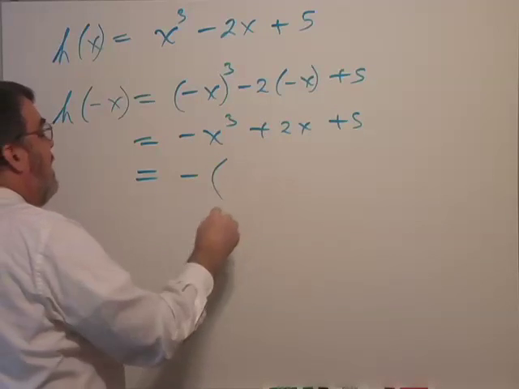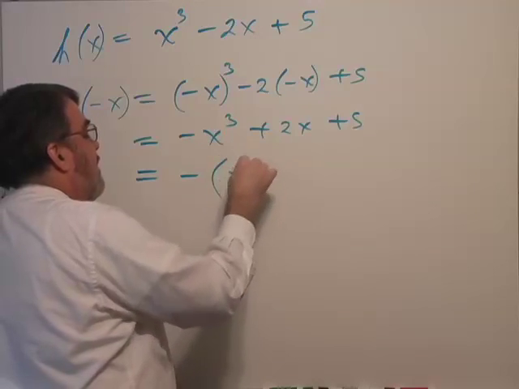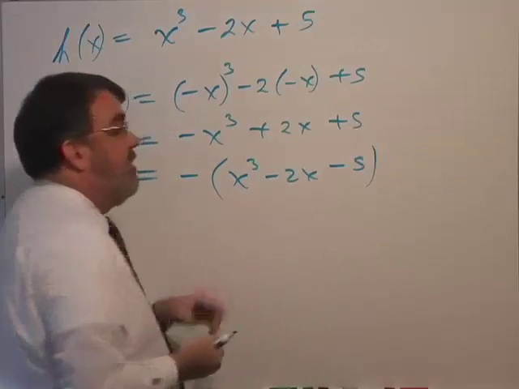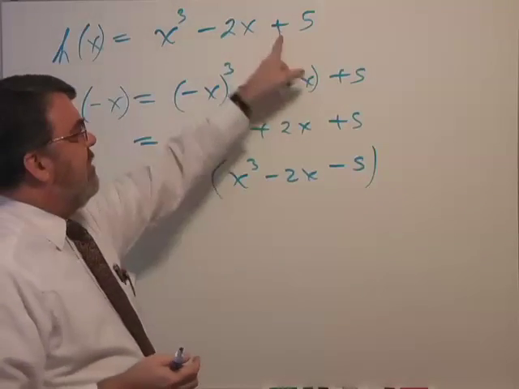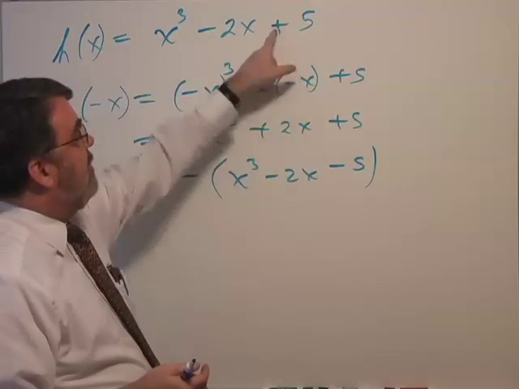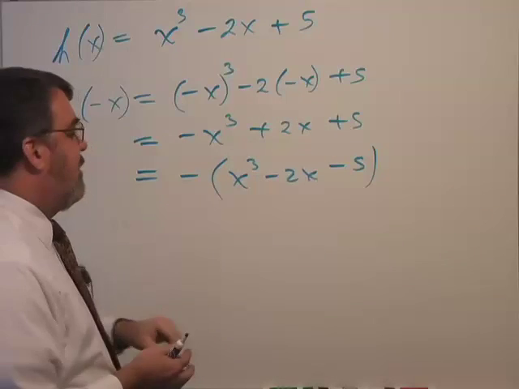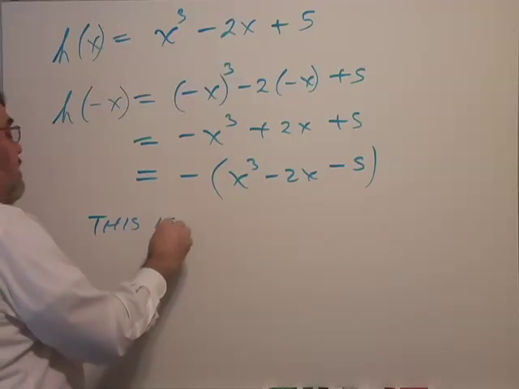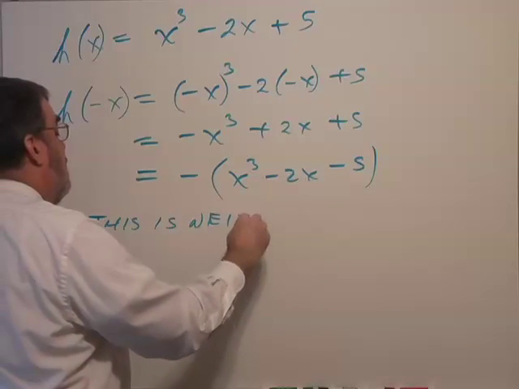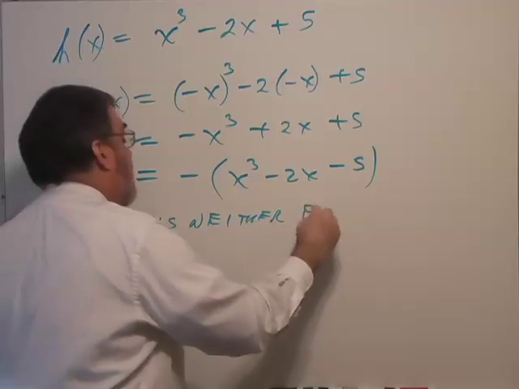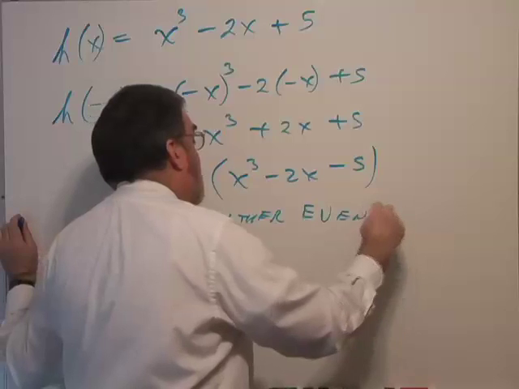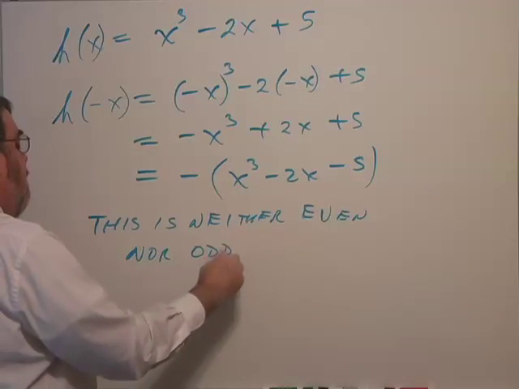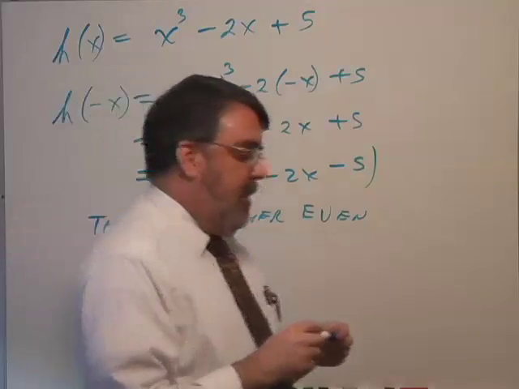And if I factor the negative sign out, I would get positive x cubed minus 2x minus 5. So factoring out a negative also does not give me the exact same function because the 5 is what's different. So this is neither even nor odd. There we go.